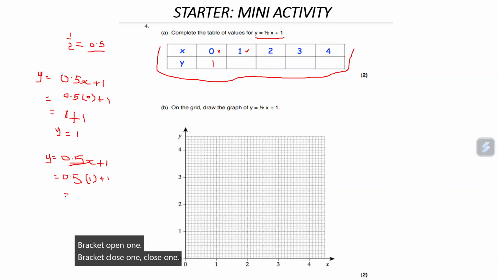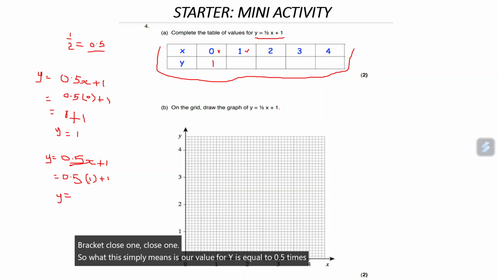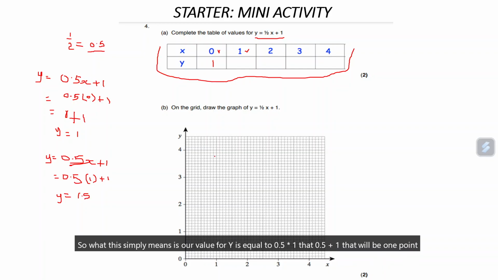So what this simply means is our value for y is equal to 0.5 times 1. That's 0.5 plus 1, that will be 1.5.